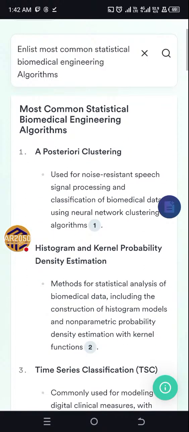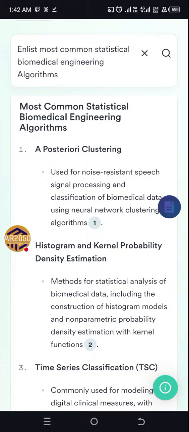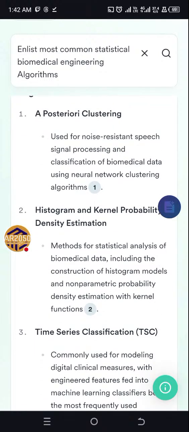A posteriori clustering, used for noise resistant speech signal processing and classification of biomedical data using neural network and clustering algorithms.